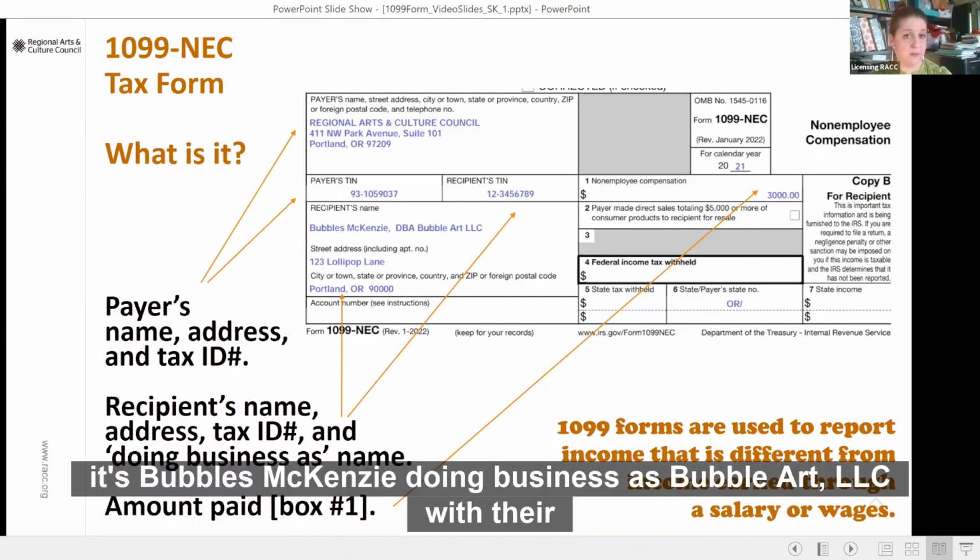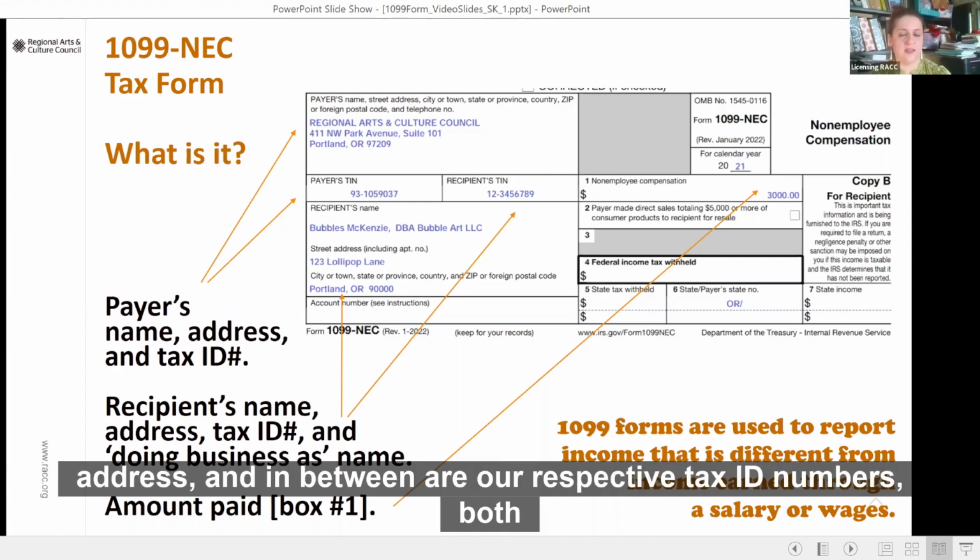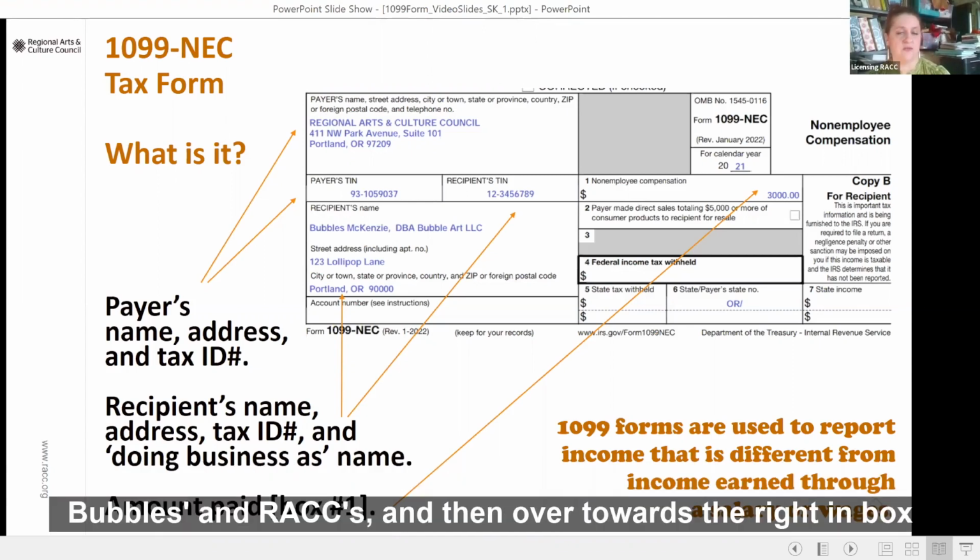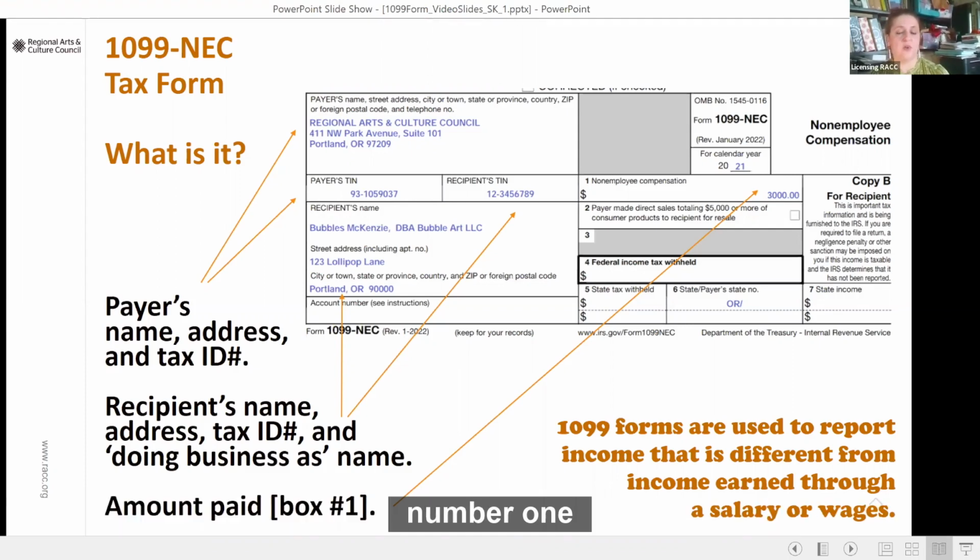In this case, it's Bubbles McKenzie, doing business as Bubble Art LLC, with their address. And in between are our respective tax ID numbers, both Bubbles's and RACC's. And then over towards the right in box number 1 is the amount paid.